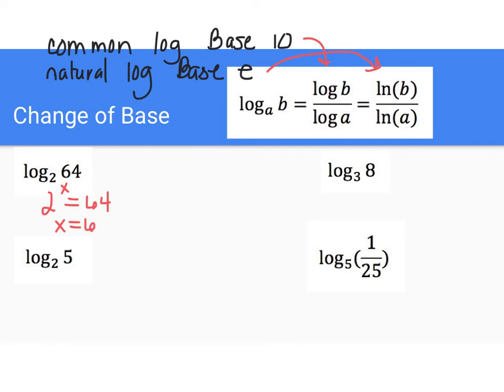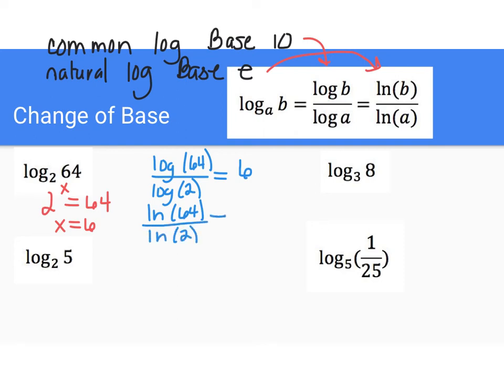If I want to evaluate this in the calculator, though, I would type it in as log of 64 divided by log of 2, and that will also give me an answer of 6. If I wanted to put this in base e, I could have done natural log of 64 divided by natural log of 2, and that would have also given me 6 if I evaluate in the calculator.